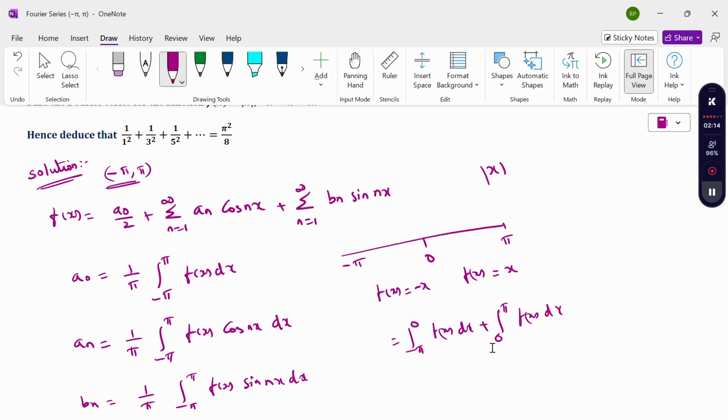Then how to solve this? Is there any short form? Yes, a short form is possible when we apply odd and even functions.